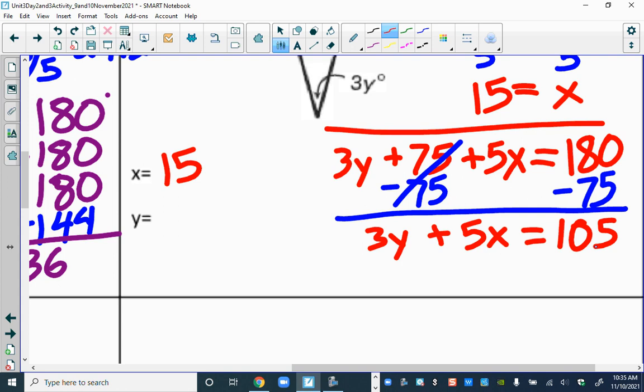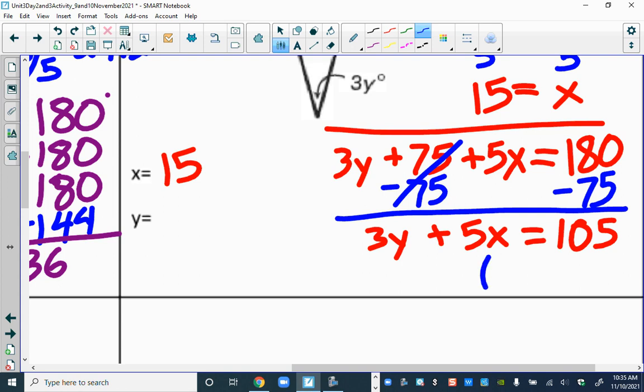Do we know the value of x? Well, before we do that, do we know the value of x? Yeah, 15. It's 15. So then we got to replace that x with 15.